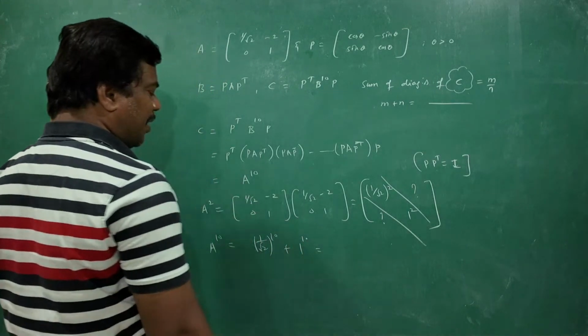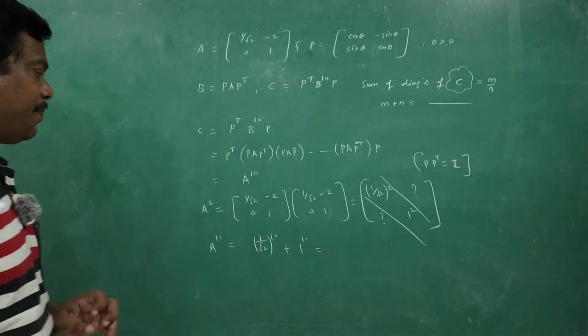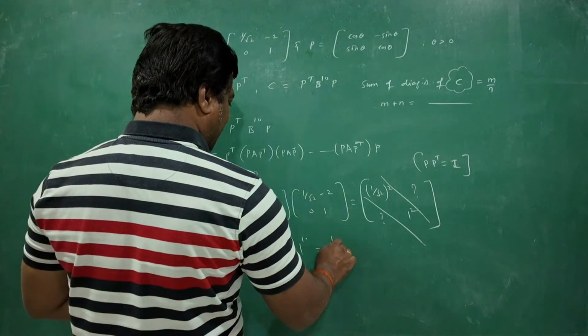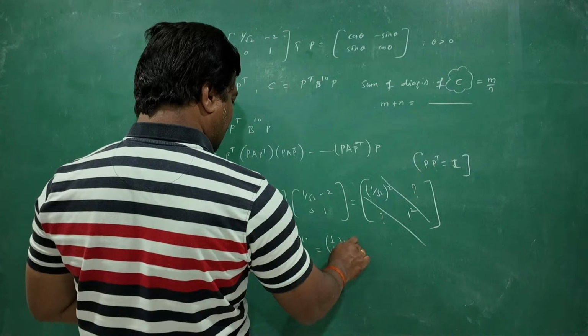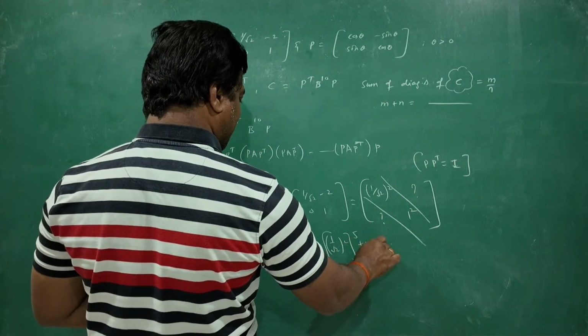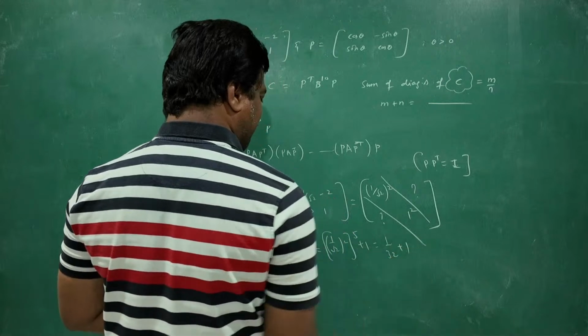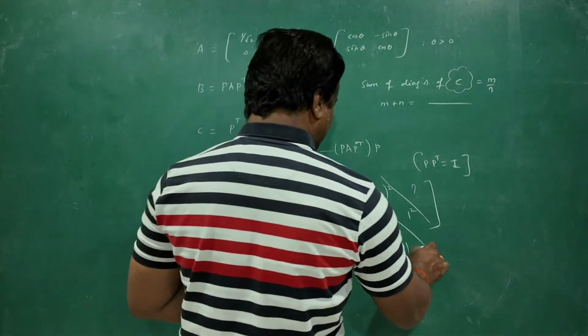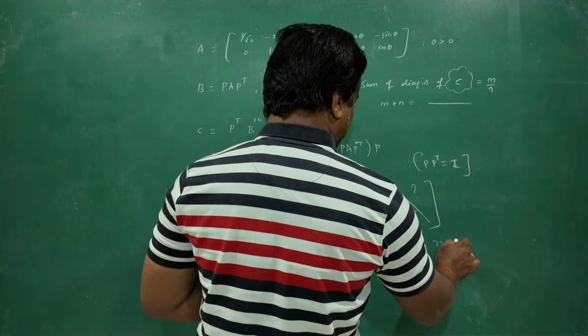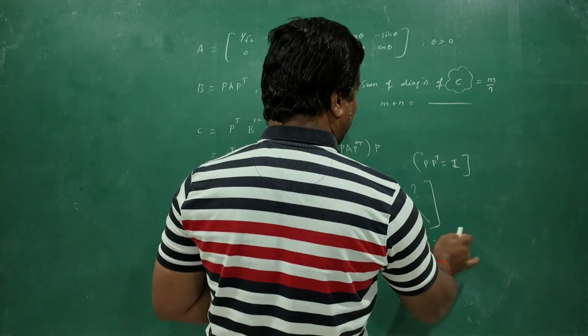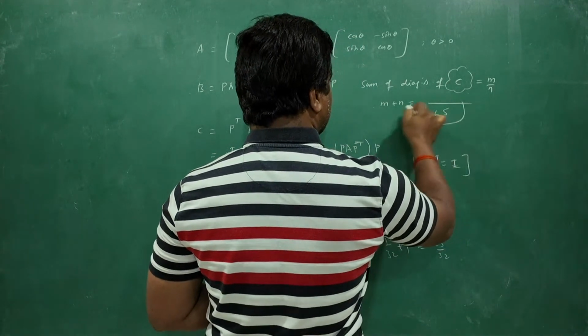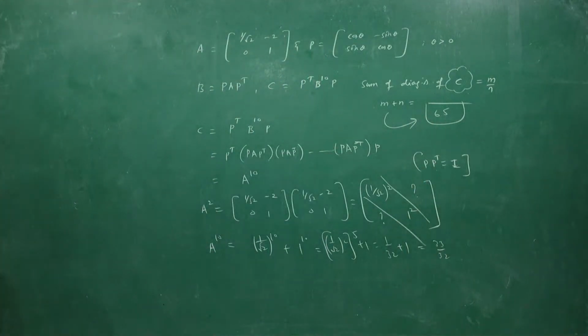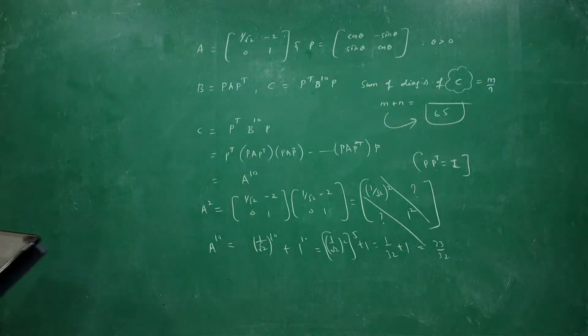So 1 by root 2 whole power 10 plus 1. 1 by root 2 whole square whole power 5 plus 1. 1 by 32 plus 1. 33 by 32. m plus n. You need to find m plus n, that is 65 is the answer. Okay. Move to the next question.